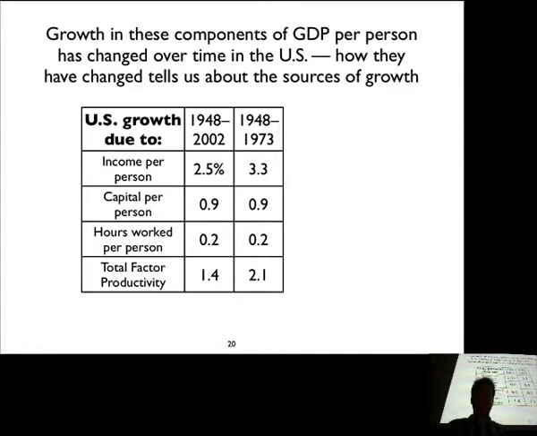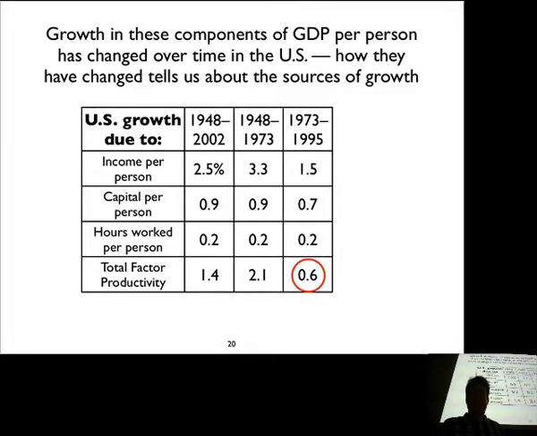During this entire period, there were two very different phases. Up to 1973, here's the story with TFP growth: even more robust than in this period. That's maybe a little surprising because of what we think of the economy back then.